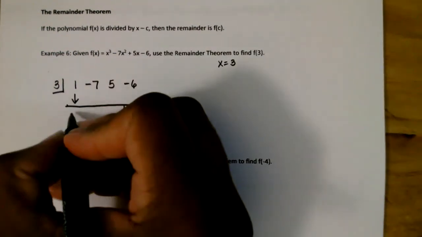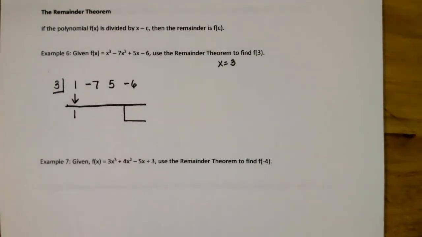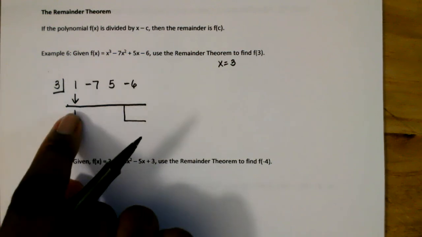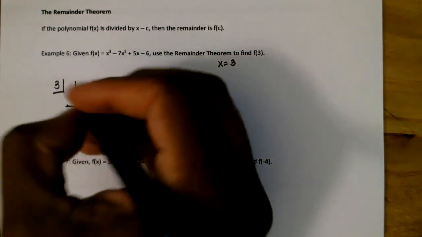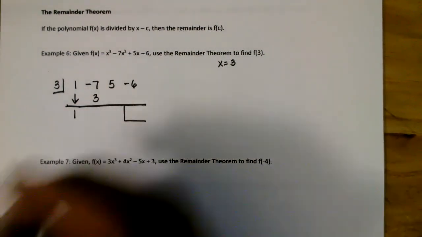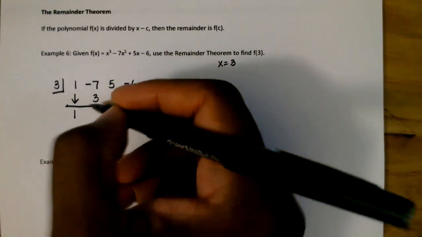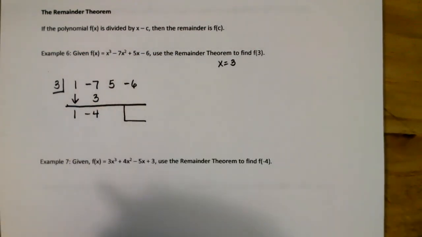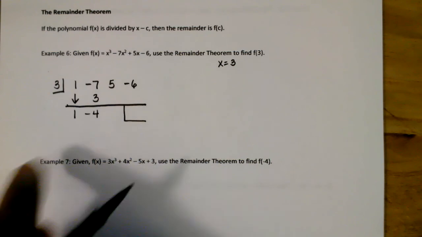So let's bring down the leading coefficient of 1 on the bottom row and multiply that by our divisor. 3 times 1 is 3, so the 3 goes underneath the -7. Then we add -7 plus 3. That's -4.